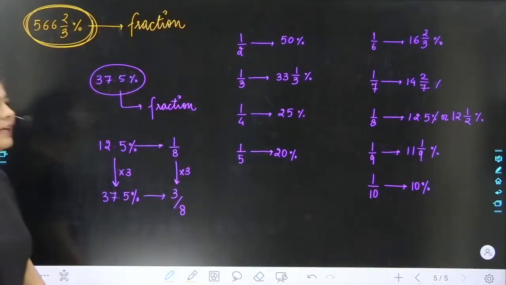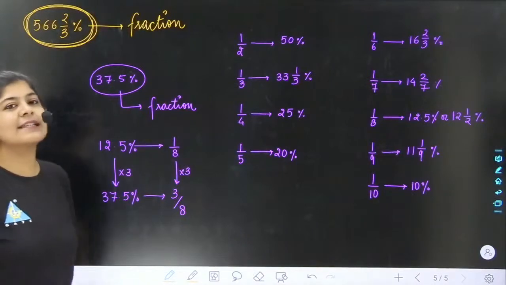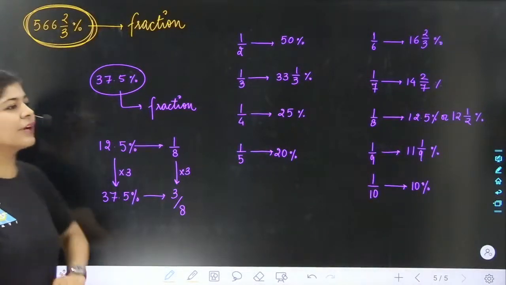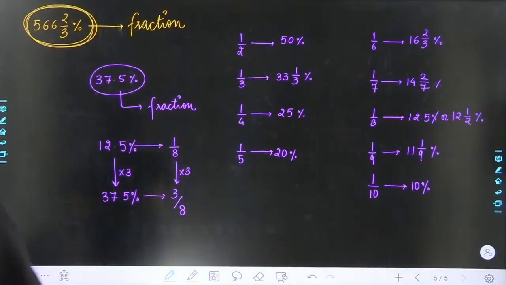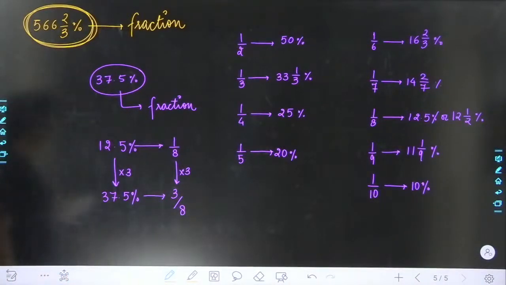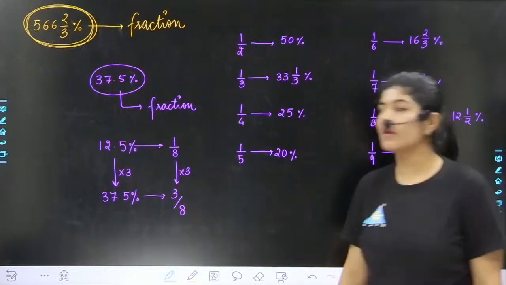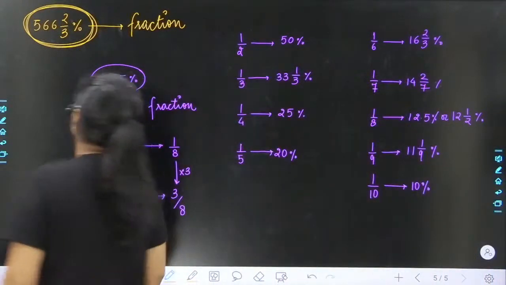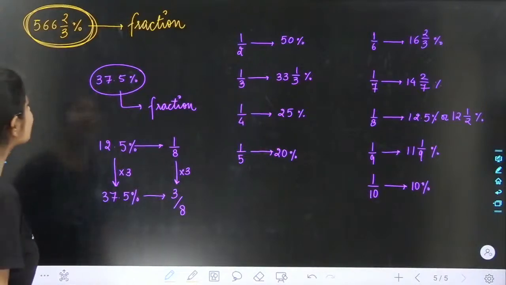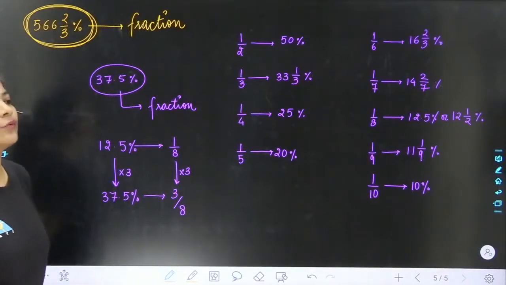How do I write 566 2 by 3% into fraction? Anyone in the comment section?